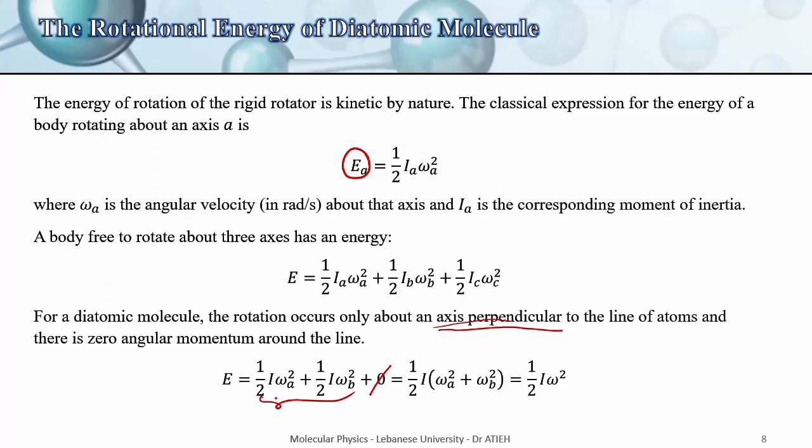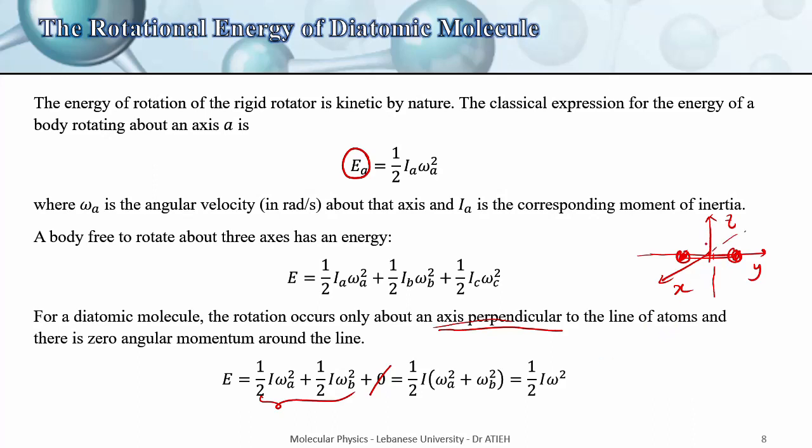Along these two, so let me draw it just for you to understand it. So this is our case, this is our atom. Okay, so this is X, Y, Z. You can see here the internuclear distance is along the y-axis. So there is no rotation around y.